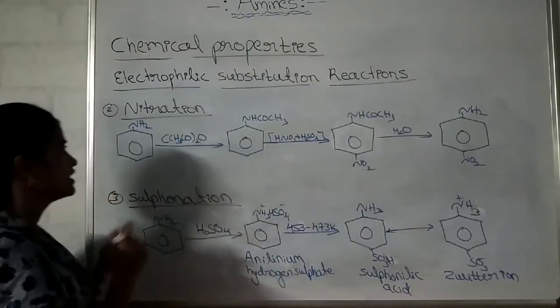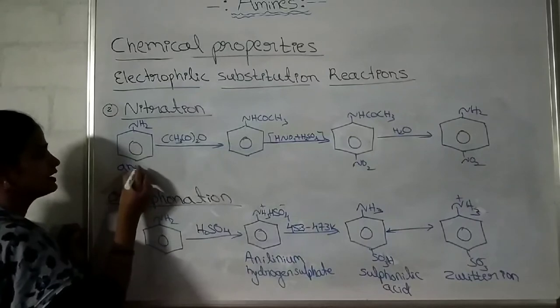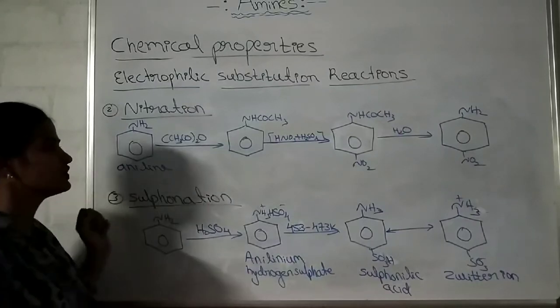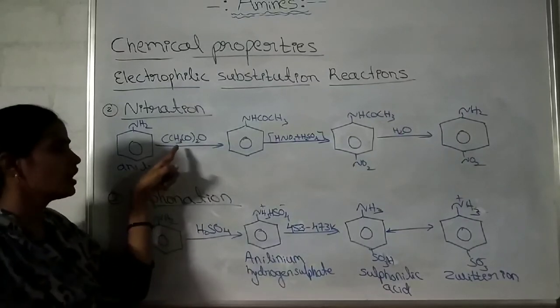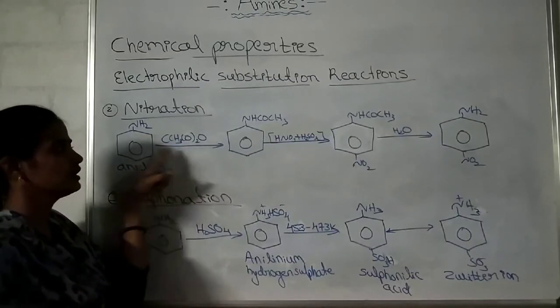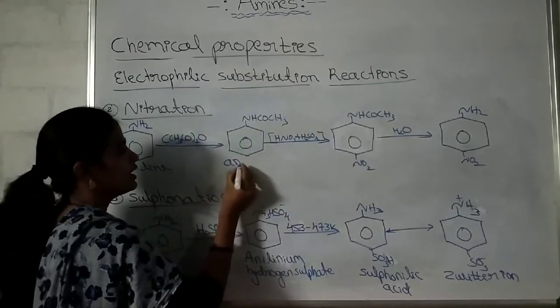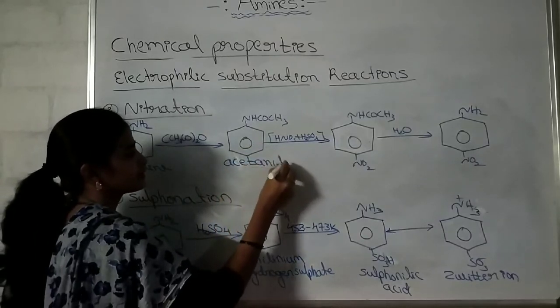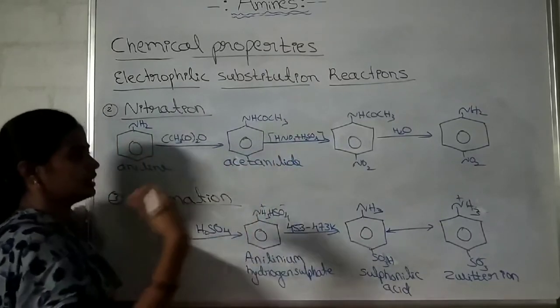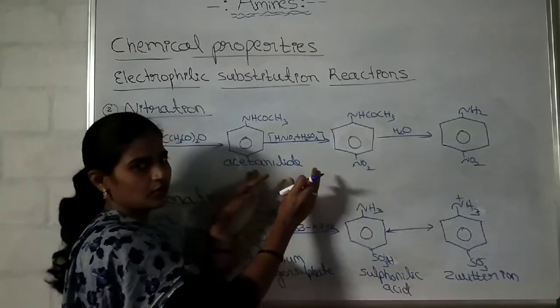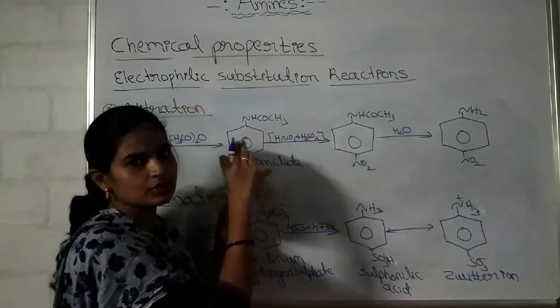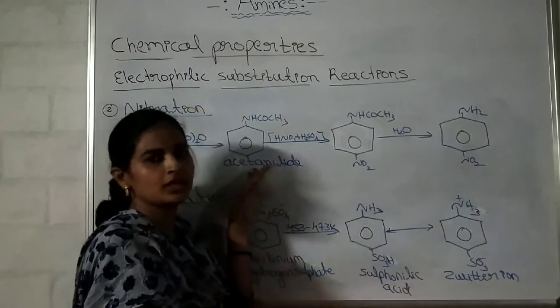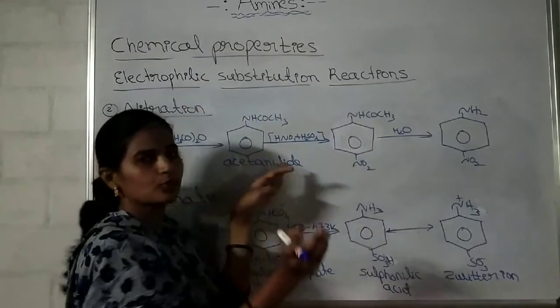I have written here. See, the same aniline I have taken. For the aniline, what should we do? We should make it undergo the acetylation reaction. Then we get acetanilide. Now I want a nitro group to be substituted. If I wanted the Br group to be substituted, I used bromine in acetic acid, but now I want the nitro group to be substituted.